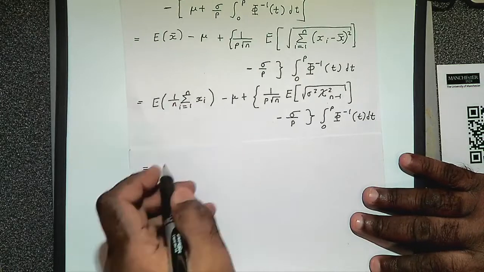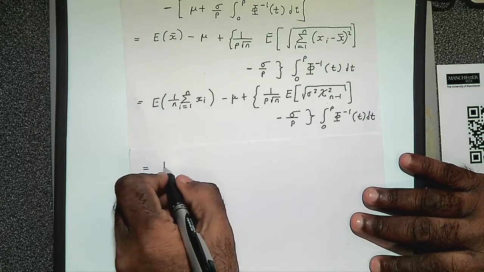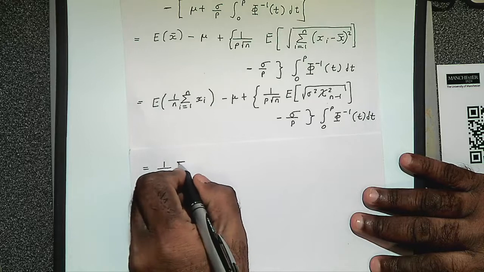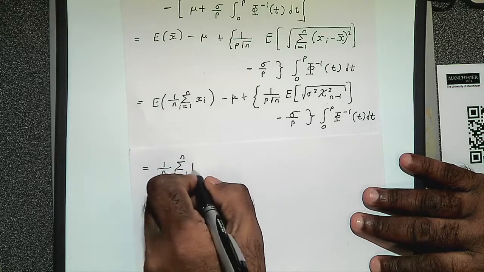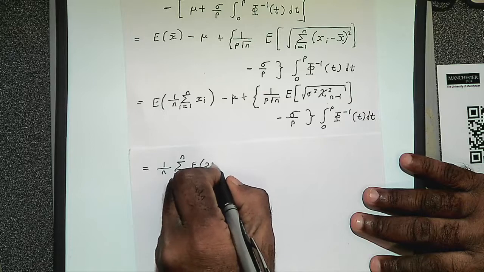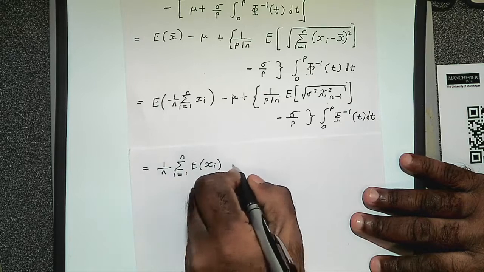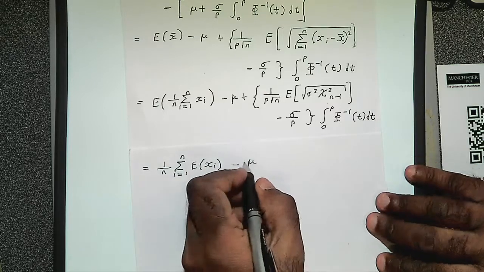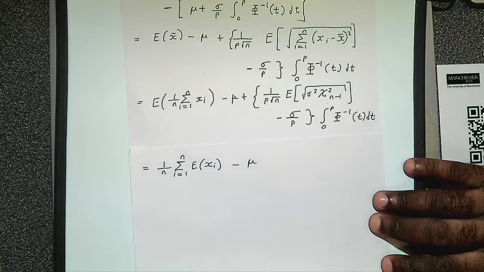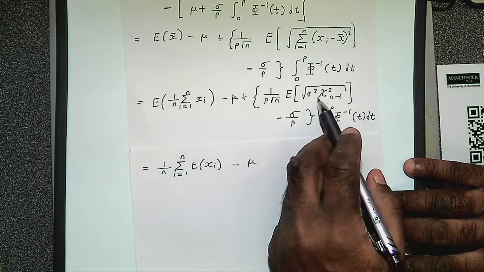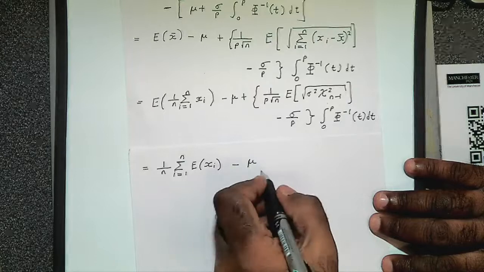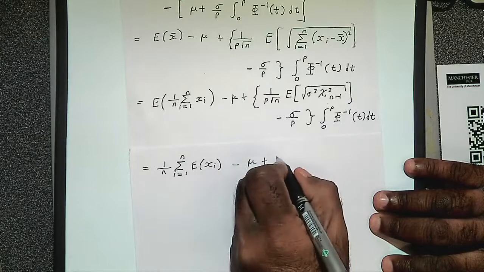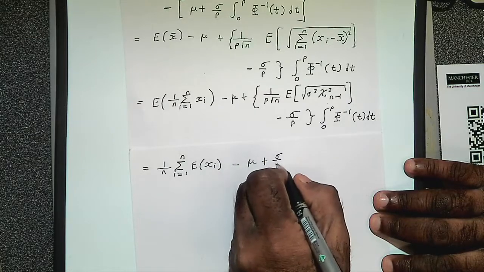Now if you take the expectation inside, you get, there's a sigma squared here, right? The square root of sigma squared is sigma, so you can pull it outside. This is a common factor.